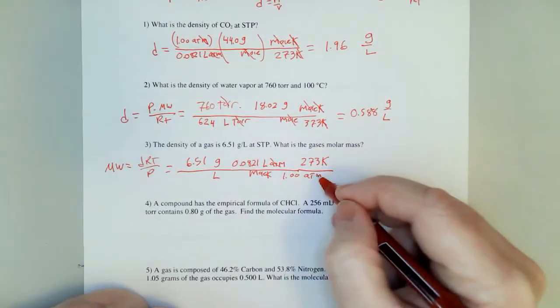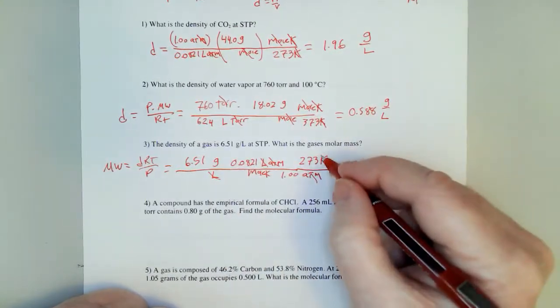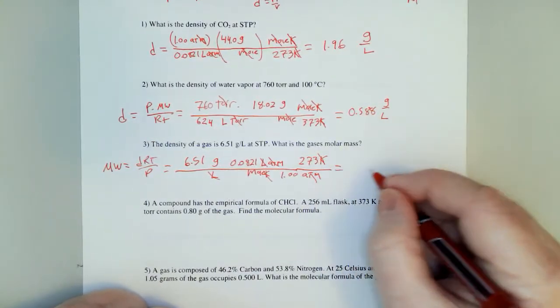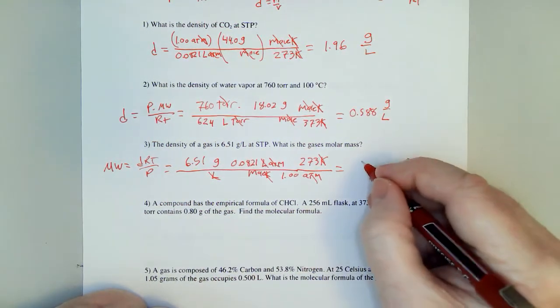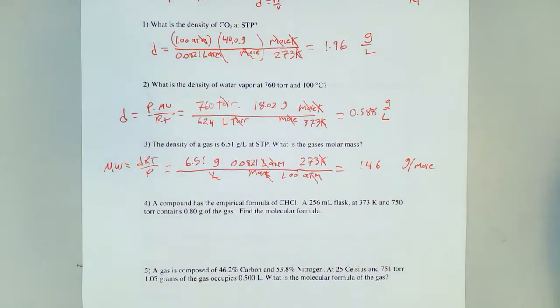All right, I see atmospheres, liters, Kelvin, all canceling, left in grams per mole. That's 146 when I add it up.